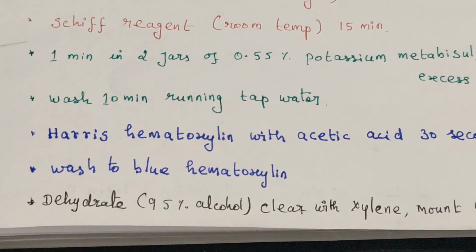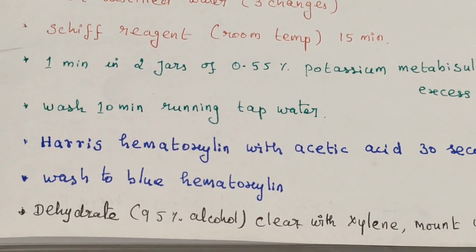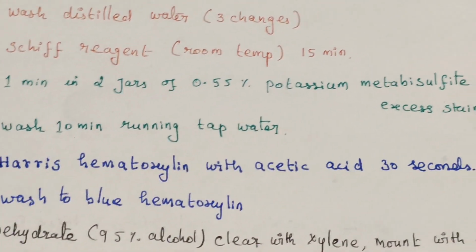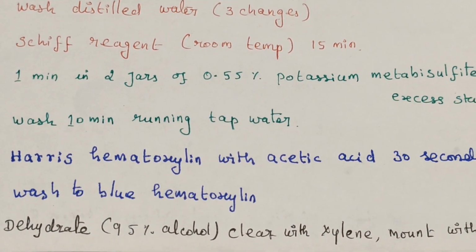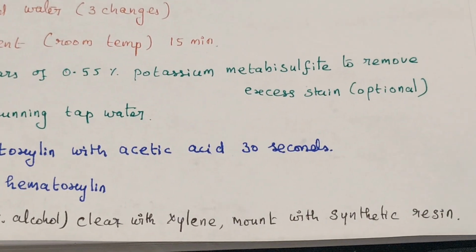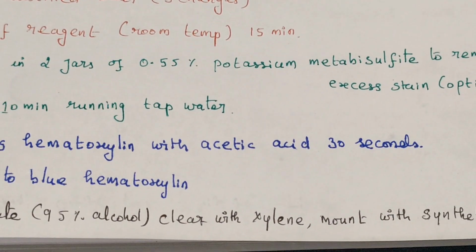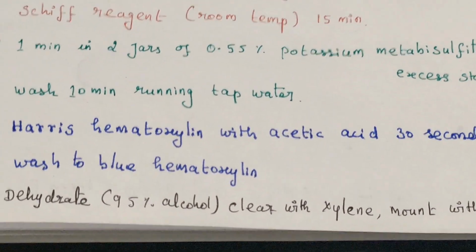Wait for 30 seconds. Then wash to blue the hematoxylin. Then dehydrate using 95% alcohol. Clear with xylene. Mount with synthetic resin. So that was the PAS conventional method.